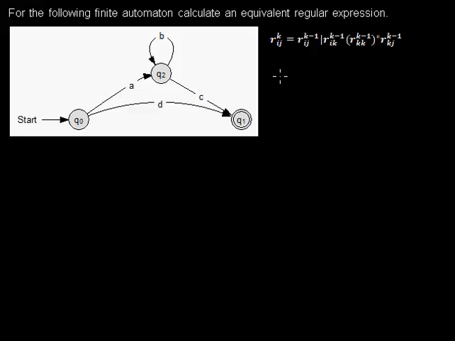Well, let me show you some examples. Let's say you want to have a regular expression that goes from state 0 to 2, and you are not allowed to go through any other state, so I write -1 here.